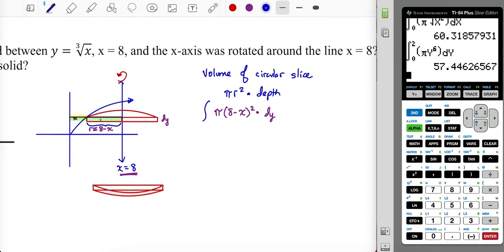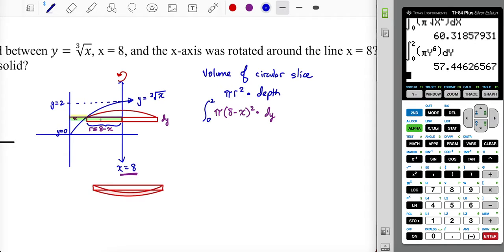I'm going to integrate that from the beginning to the end of that interval, which starts off at y equals 0, and maxes out at this intersection here when x is equal to 8. Since the function is y equals the cube root of x, put in an 8 for x. The cube root of 8 is 2. So we're going from 0 to 2.